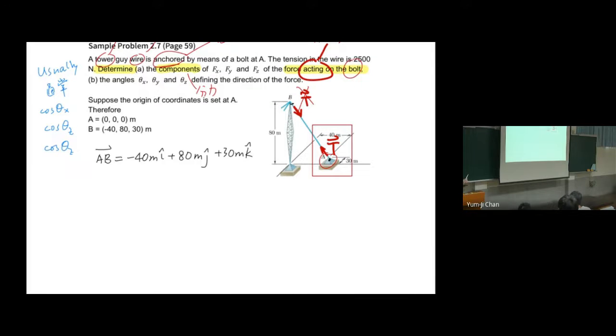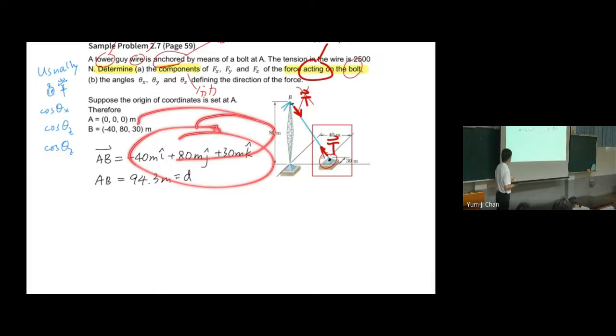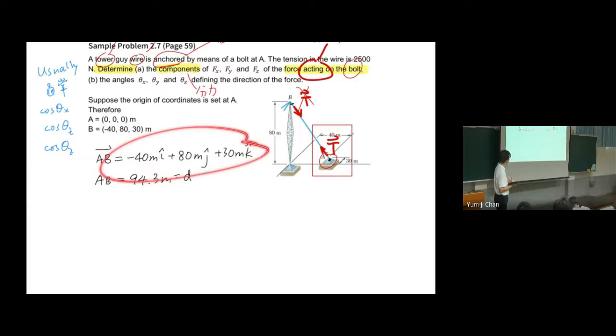And the distance AB is 94.3 meters, equal to D. You can work it out. I think you can work it out using your calculator.